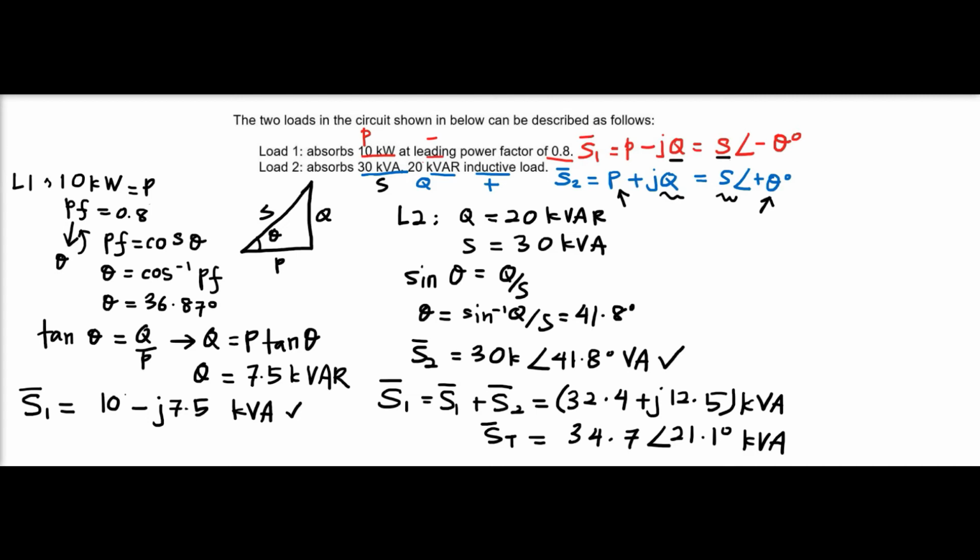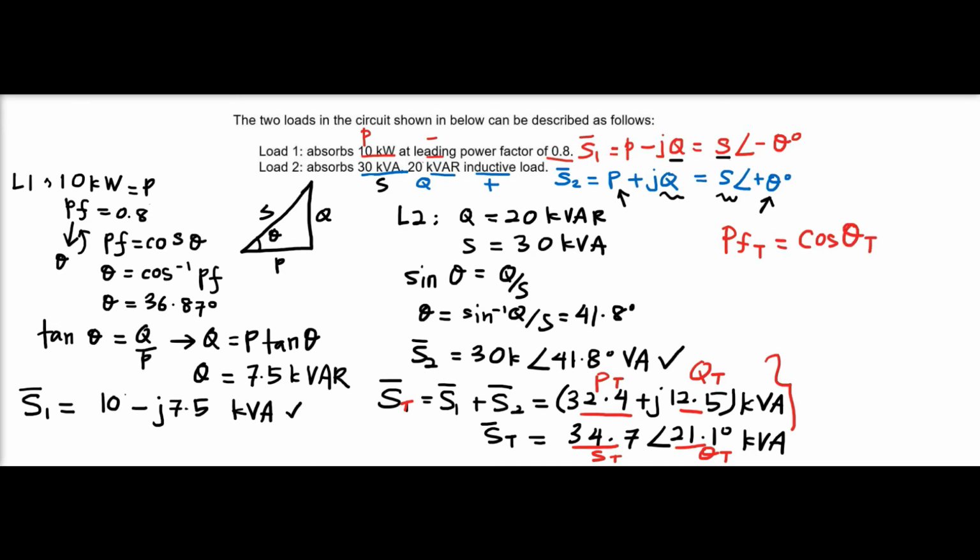Okay, so from this S total, you know that this is the total average, real or constant power, and this is the total Q, reactive power. This is S total, S for apparent power, and this is theta total. Now from this answer, you can get the total power factor, which equals cos theta total.